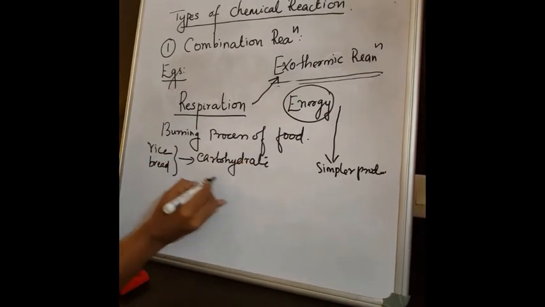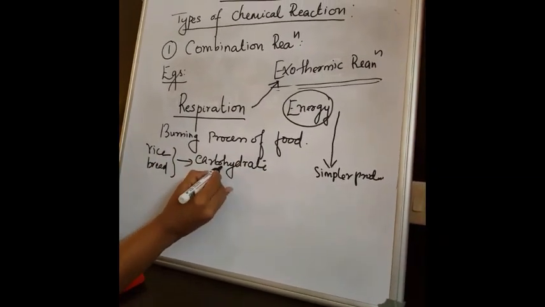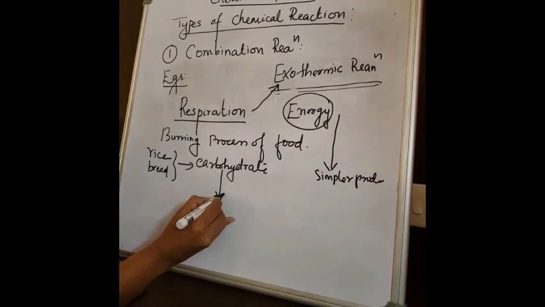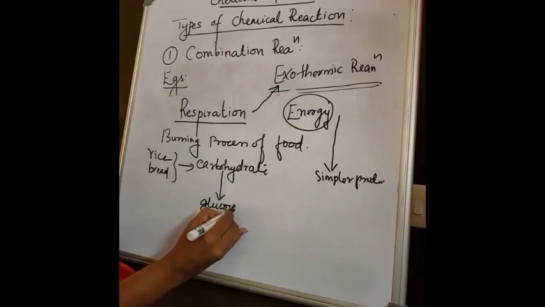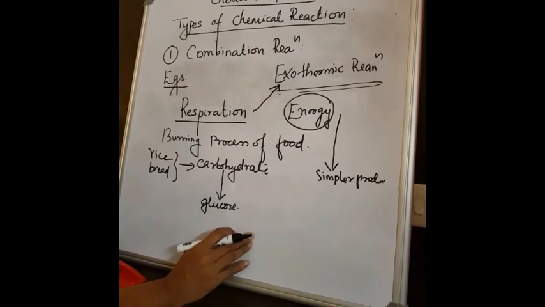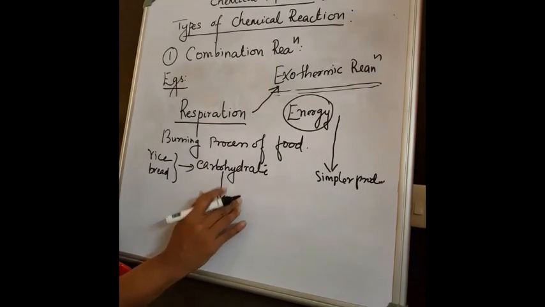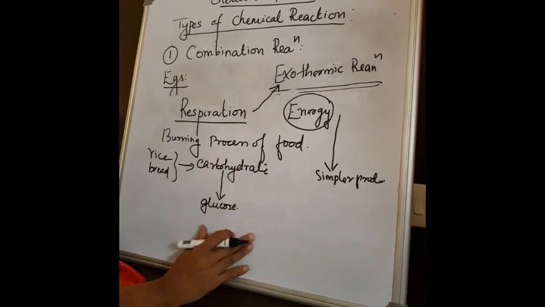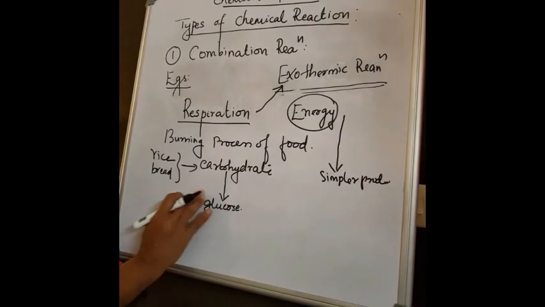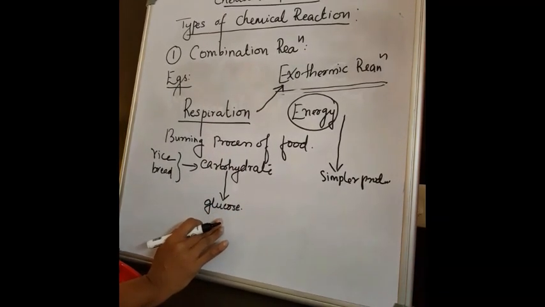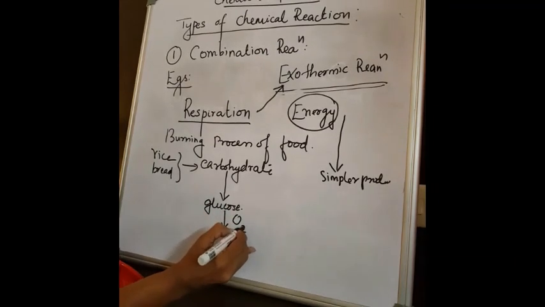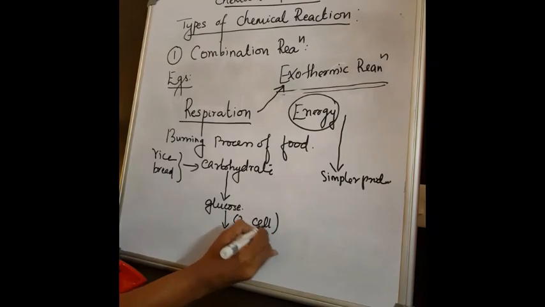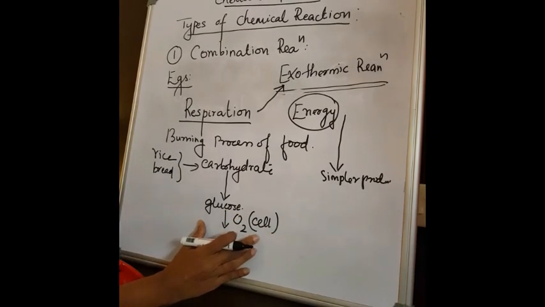So, in the digestion process, these carbohydrates are broken down into simpler substances like glucose. How this happens, you will study in biology by means of enzymes and all that. Okay. Now you got a simpler substance like glucose. And this glucose reacts with oxygen in the cell. Here comes the burning process or the combustion process.